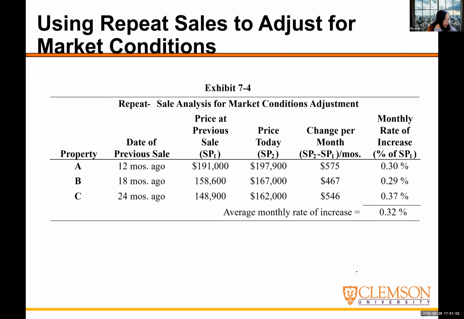This example is really talking about how do you use the recent sales or repeat sales to adjust for market conditions. Okay, so this example is saying you have 3 properties. Properties A, B and C were each sold in the past, and sold again in March 2022.